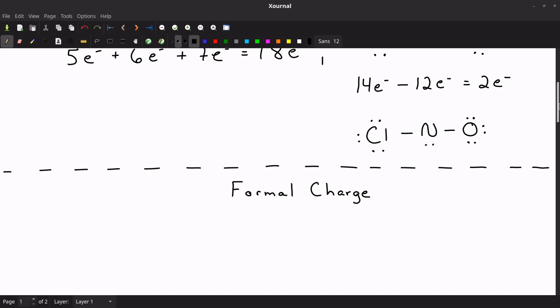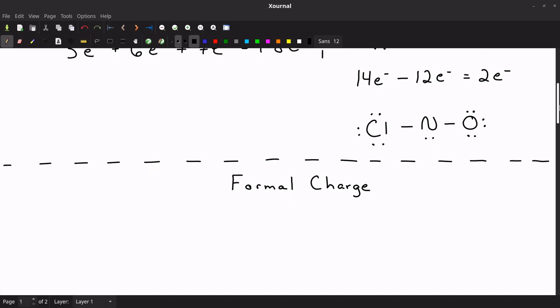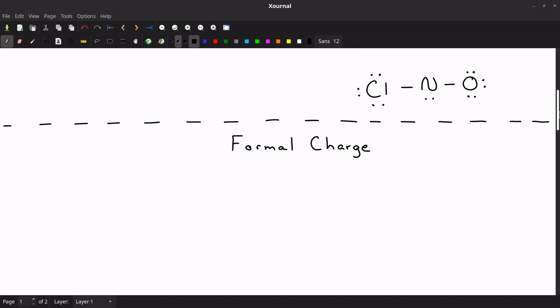It's a little bit of a weird idea, but we're going to see how we can use this to make the decision as to which one of these guys is going to form this double bond. So let's write them both out, both options, and see how we can use this idea of formal charge to make this decision.